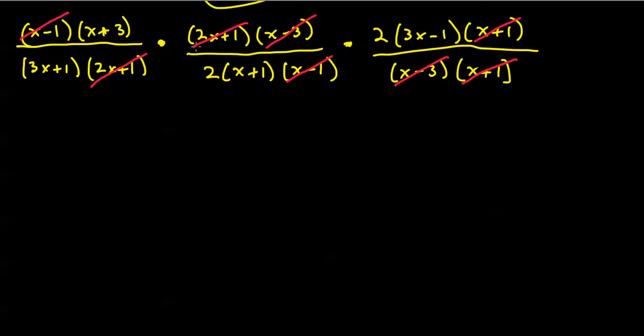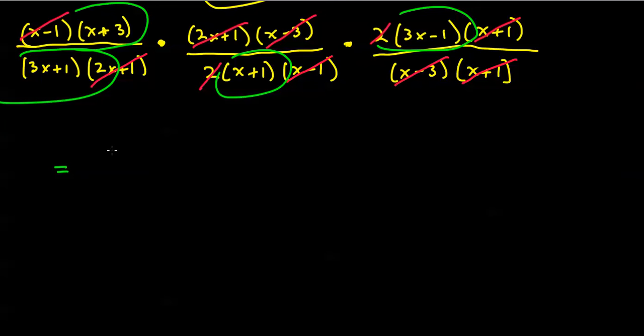What else can I cross cancel? Don't forget about the 2's. This factor of 2 will cross cancel. And I don't see anything else I can make a cancellation with. So I've got 2 factors left in my numerator and 2 prime factors left in my denominator.